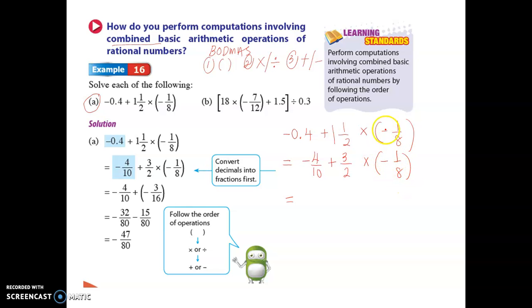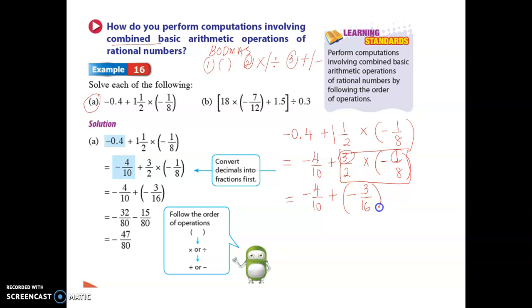So you move to the second step, multiplication. Yes, you can see multiplication here. Negative 4 over 10 remains the same. Positive times negative, you will get negative. Then 3 and 8 you cannot cancel out, 2 and 1 also you cannot cancel out, so you just multiply. 3 times 1 you get 3, 2 times 8 you get 16.